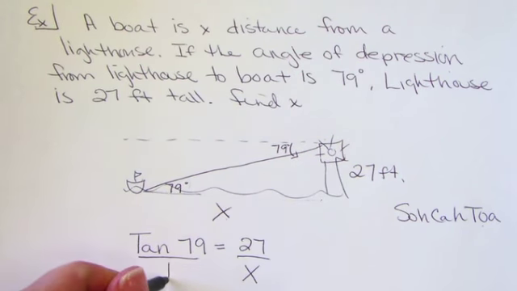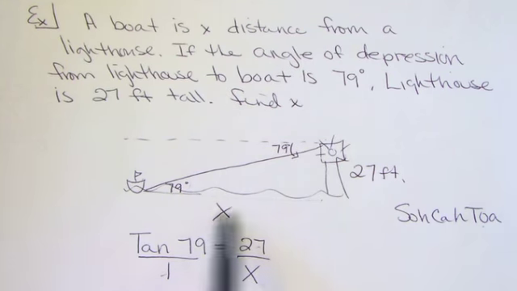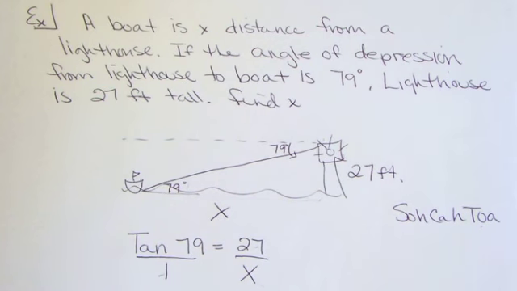Put it over 1, cross multiply. So I have x times the tangent of 79 degrees. In this direction, I have 27 times 1. To solve for x, I'm going to divide by the tangent of 79. And I'm going to get an x value of 5 feet. So the boat is 5 feet from the base of the lighthouse.